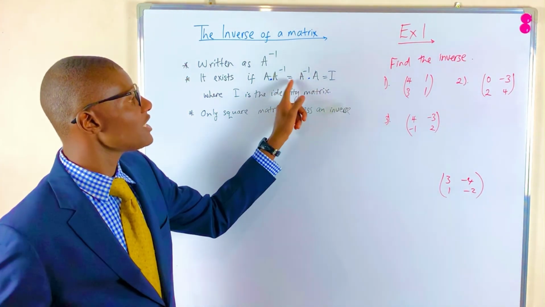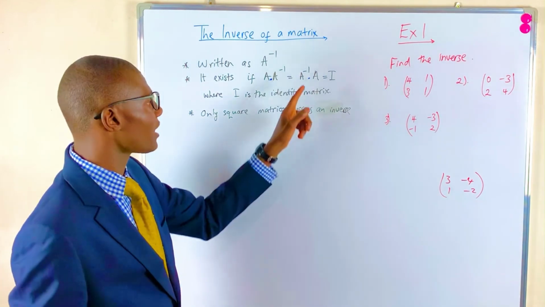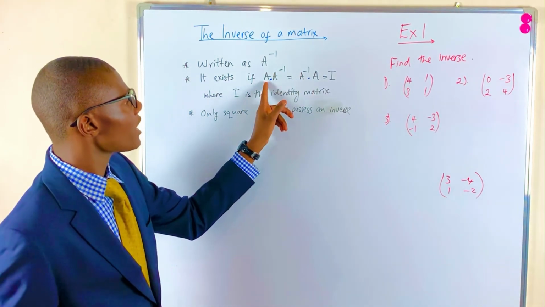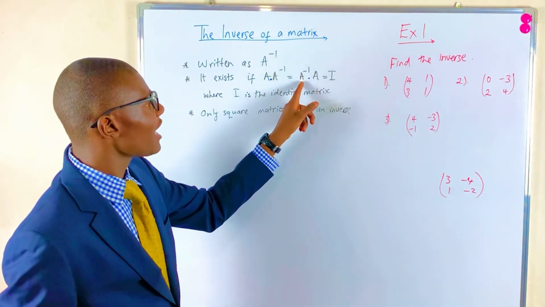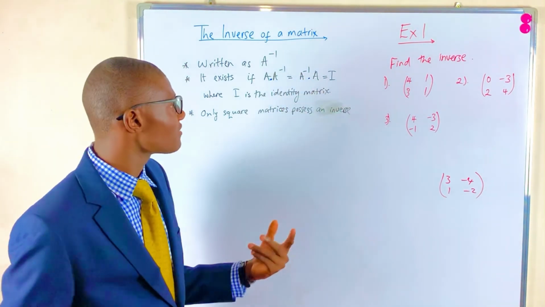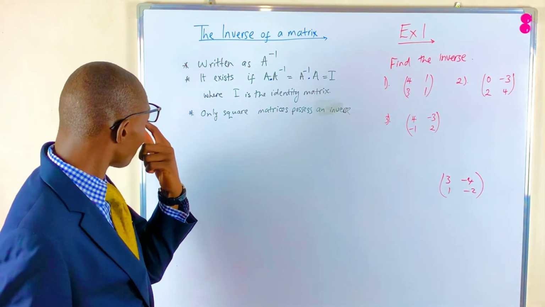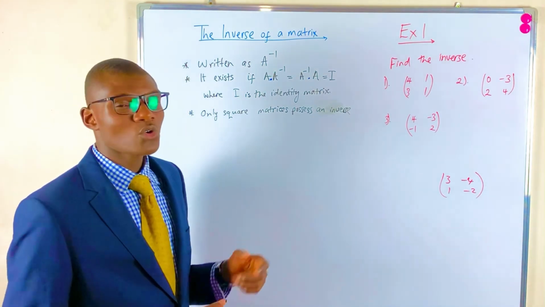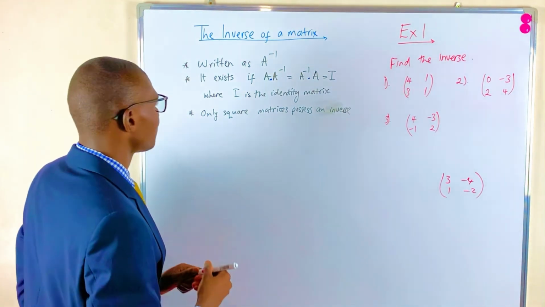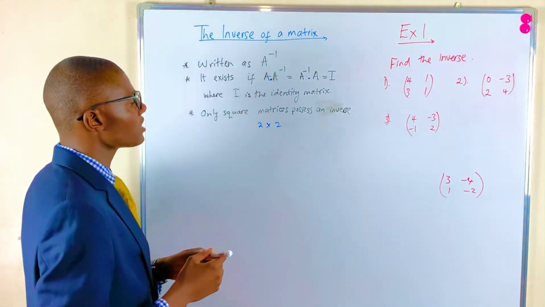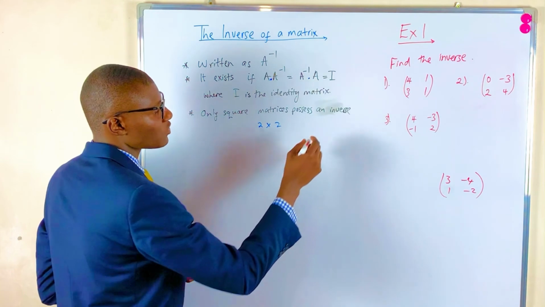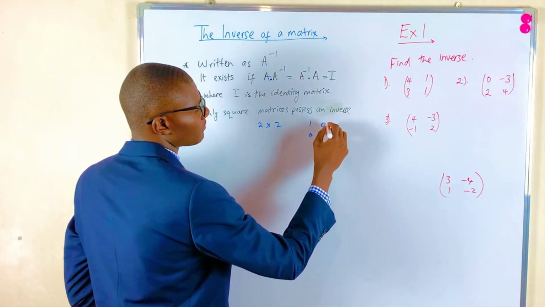So here I've just interchanged, I've applied the commutative law to say A times A to the power of minus 1 is the same as A to the power of minus 1 times A, to give us I, being the identity matrix. For a 2 by 2 matrix, the identity matrix would be 1, 0, 0, 1.